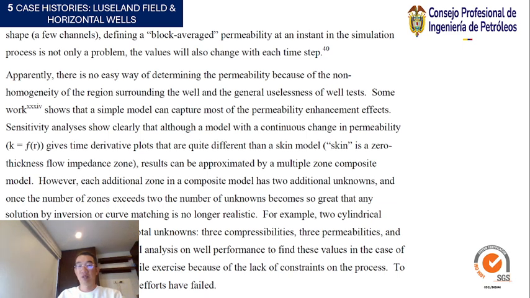For example, two cylindrical zones around the well giving 8 total unknowns: 3 compressibilities, 3 permeabilities, and 2 radii.